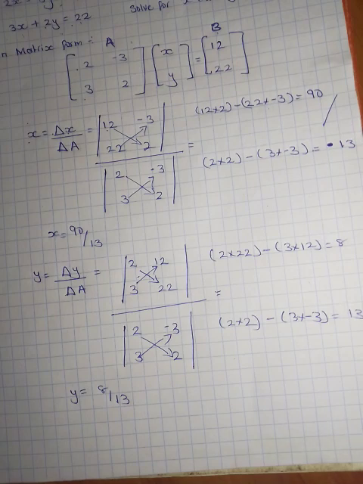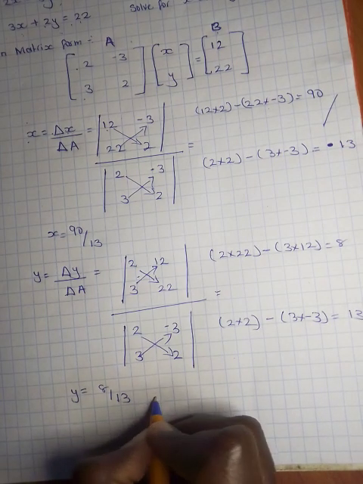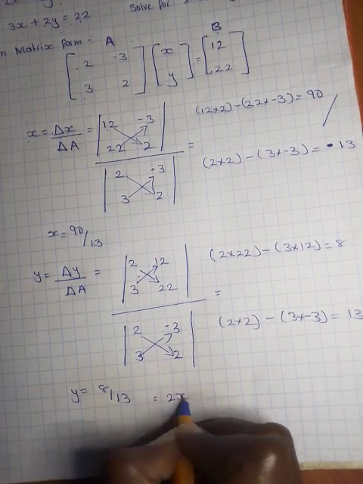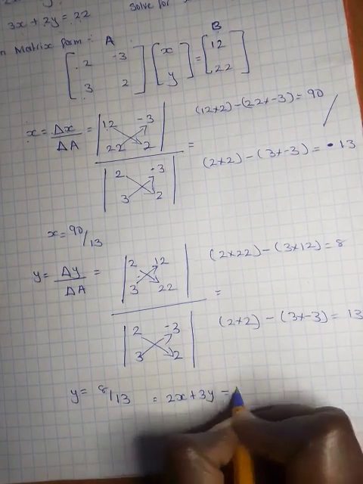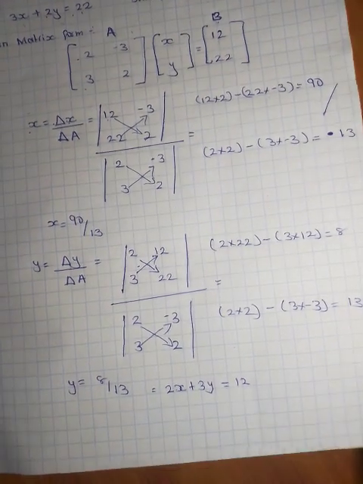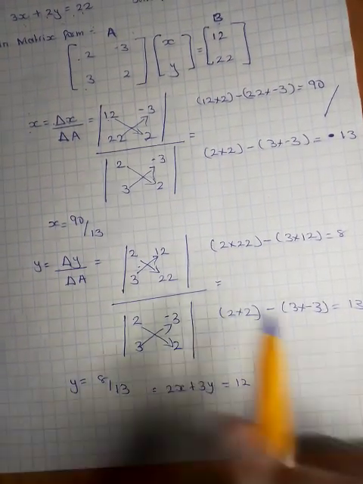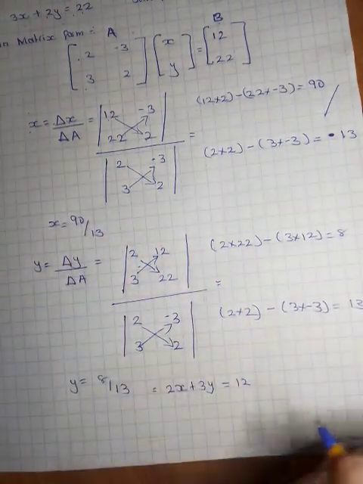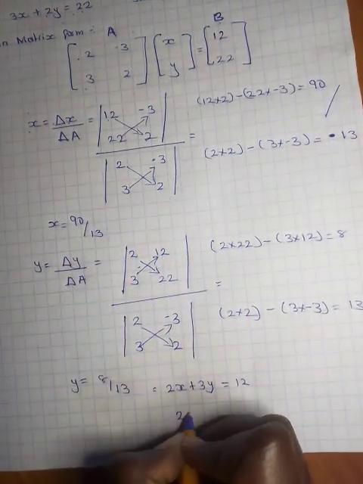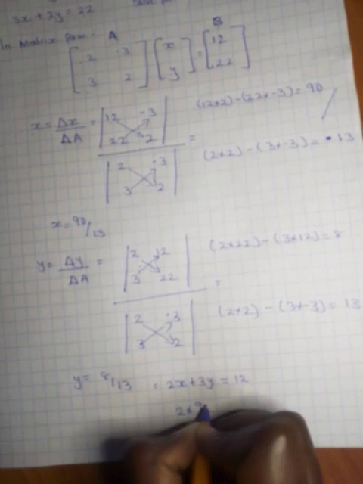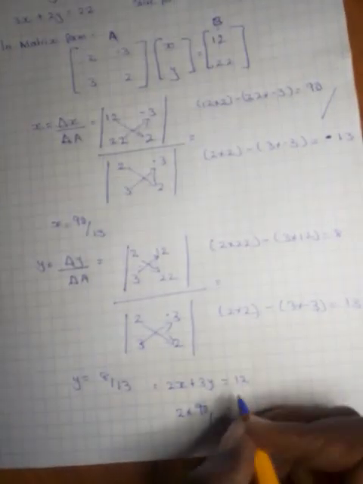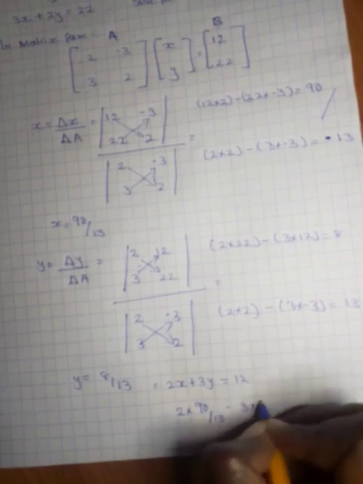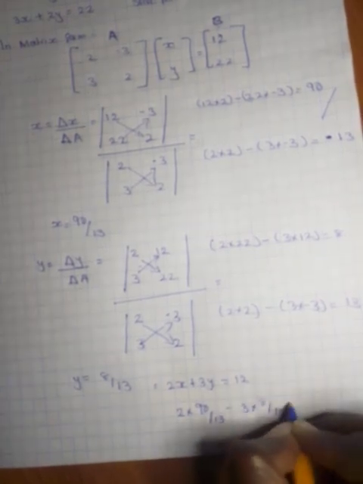Let's just take the first equation, which was 2x minus 3y equals 12. Now x is 90 over 13. We calculated that, so 2 times 90 over 13 minus, y is 8 over 13, 3 times 8 over 13.